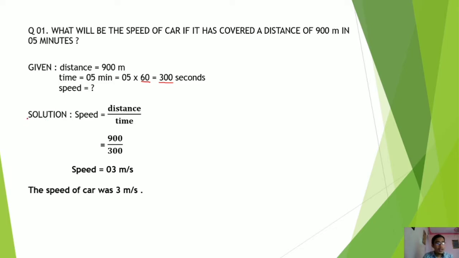Then we'll take the solution now. For solving any numerical, once you know what is given and what you have to find, the only thing that must be with you is the formula. You must know the formula properly. The formula of speed, which has been taught to you in the first lecture, is speed equal to distance upon time.